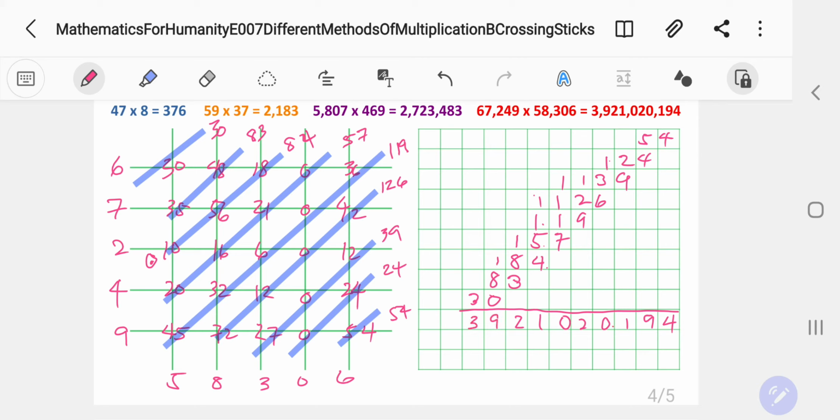So we have the result is 3,921,020,194. This one here. It's correct now. Now, we committed a mistake, so just be careful next time.